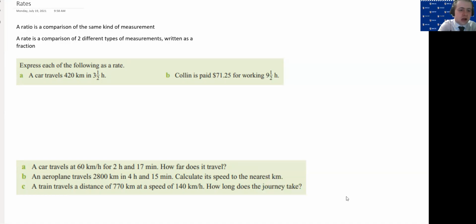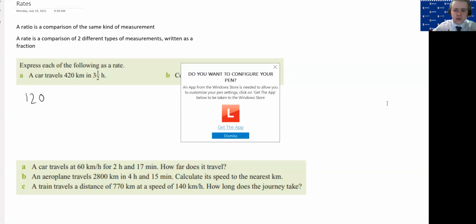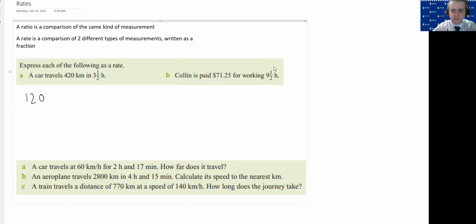So my answer is 120, and then my units are kilometers per hour. Our units now have to have that forward slash in it, kilometers per hour, to show that we've now got a rate. It's not just a measurement, it's a comparison of two different kinds of measurements.